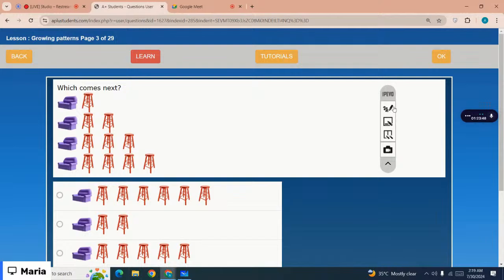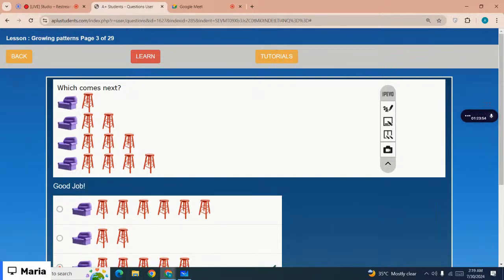You have one sofa and 5 tables. So option number 3 is the correct option.